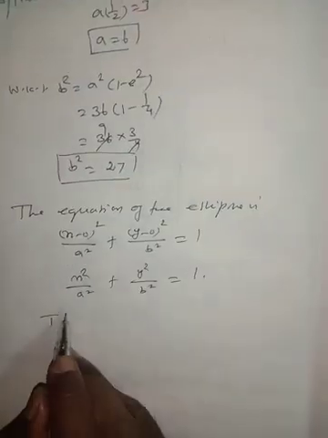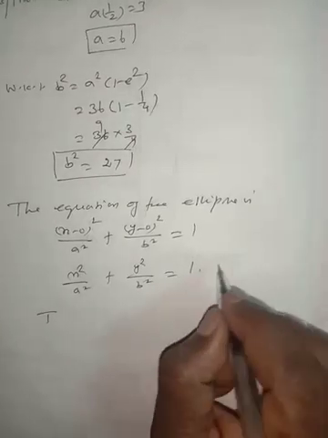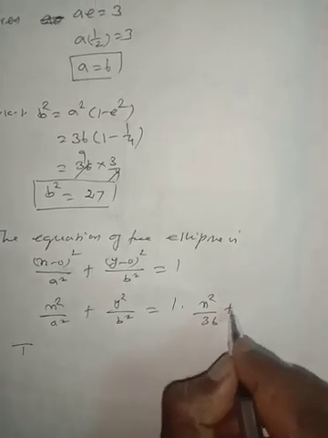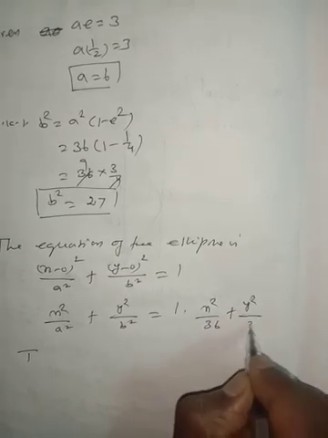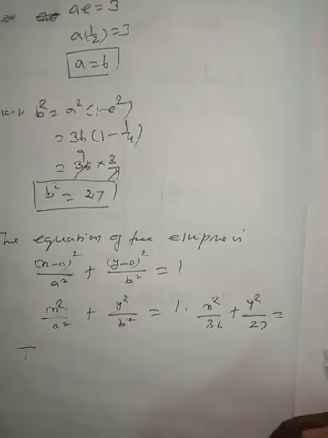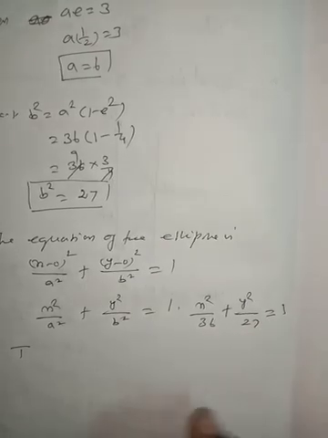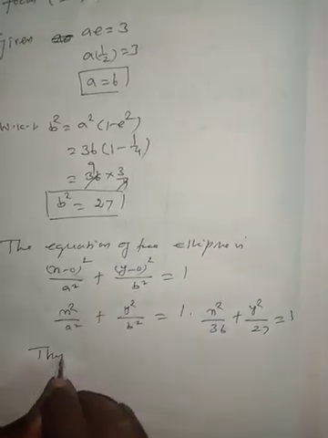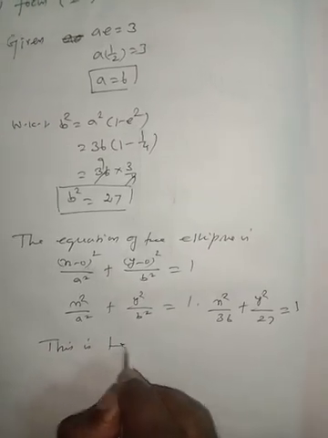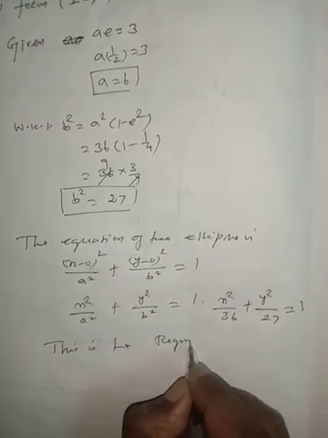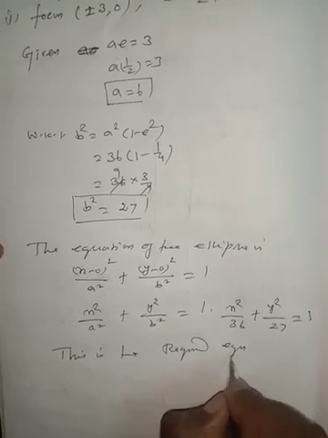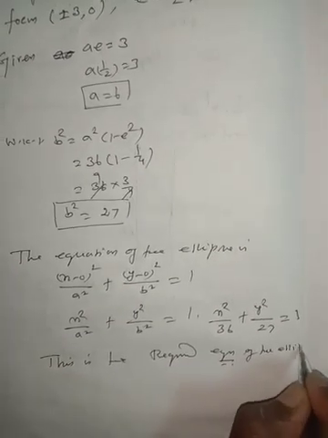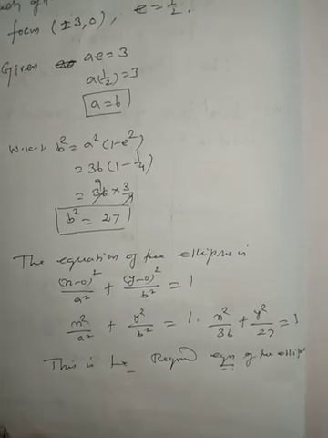A square is 36. Therefore, x square by 36 plus y square by 27 is equal to 1. Substitute a and b, we get the answer. This is the required equation of the ellipse.